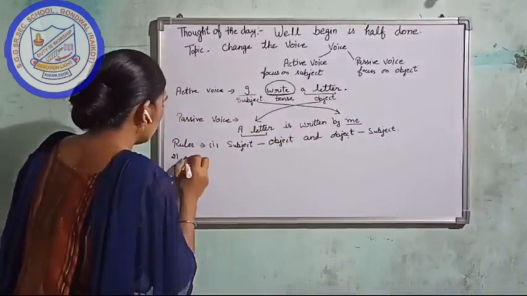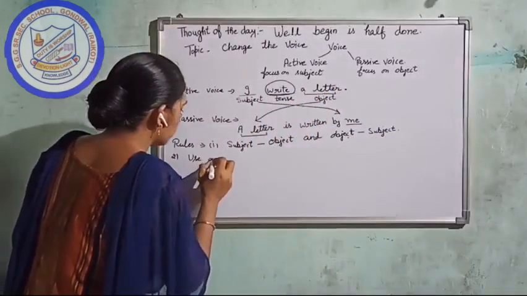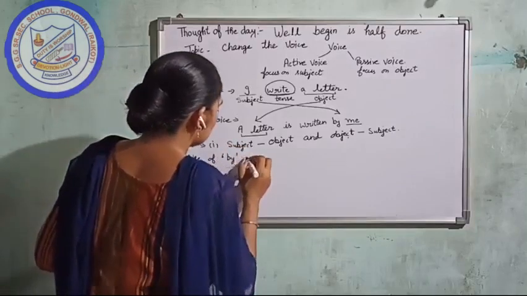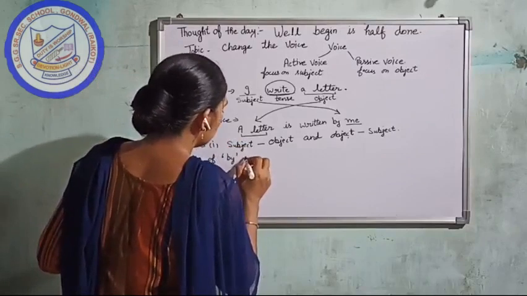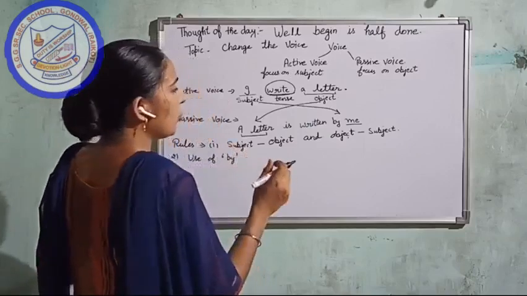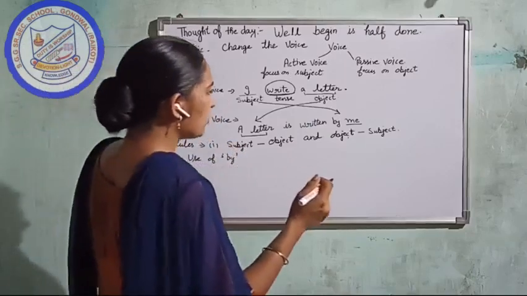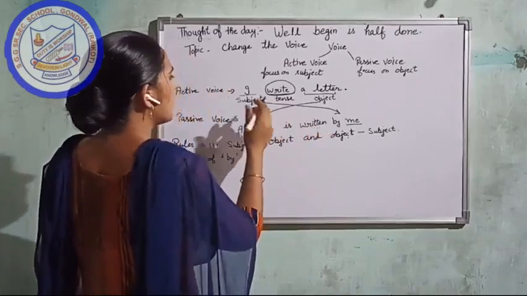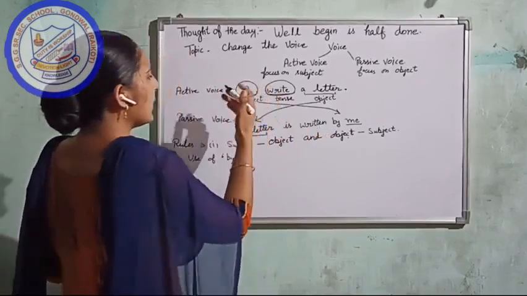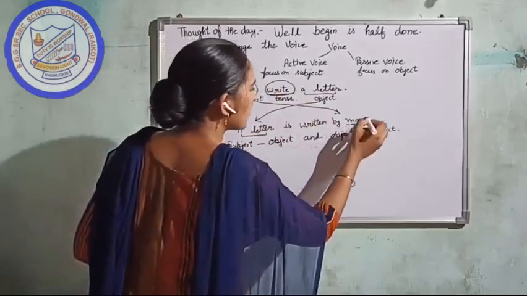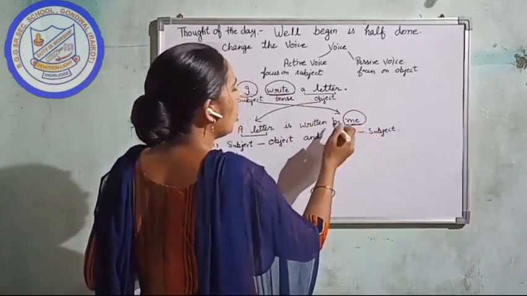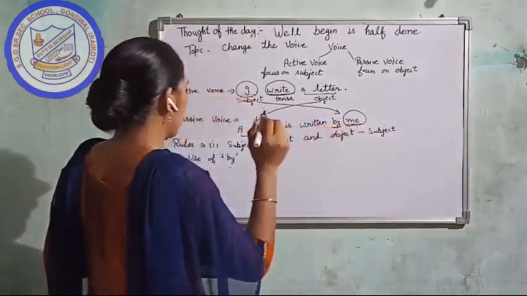Rule 2, we will make use of by preposition before new object. What is the new object? The new object is the subject of the active voice. This is the new object of the passive voice. Before this new object, we will put preposition by.